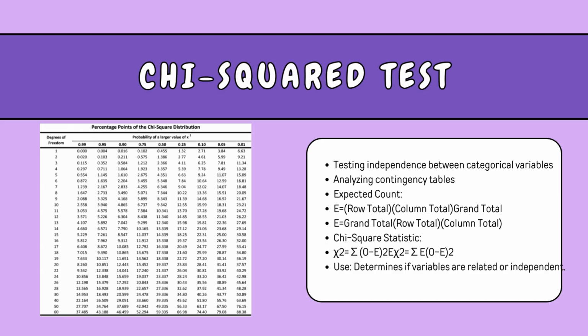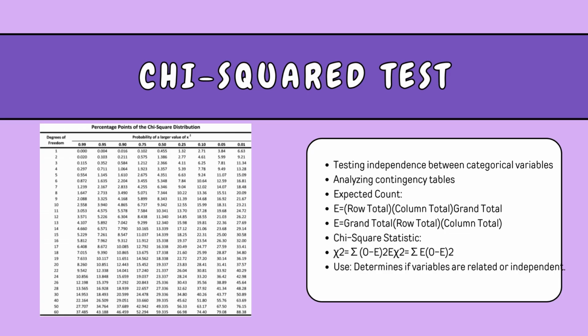So, for example, with the questions that I had chosen, this would be food preference in relation to support for free college. I have the formula there, and then it would ultimately determine if the variables are related or if they're independent.